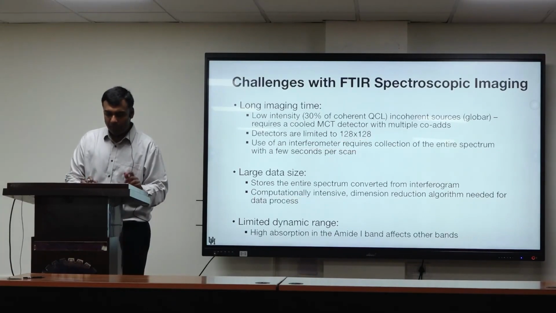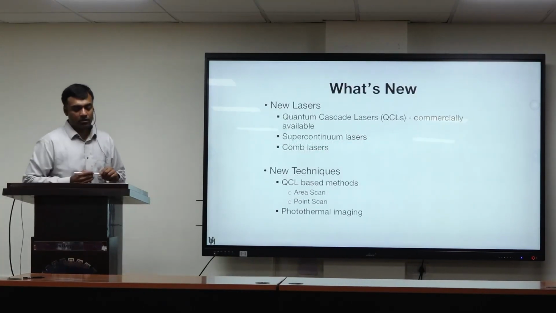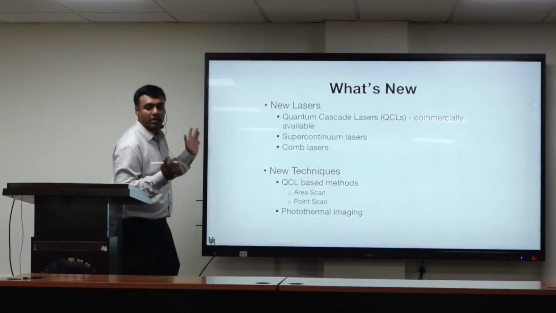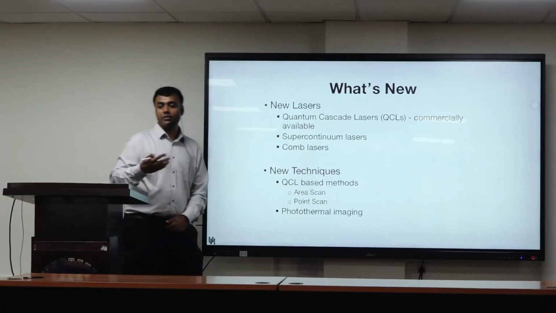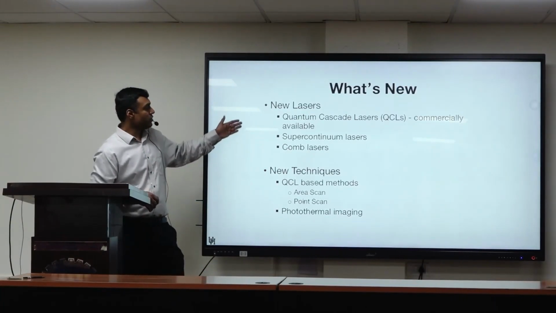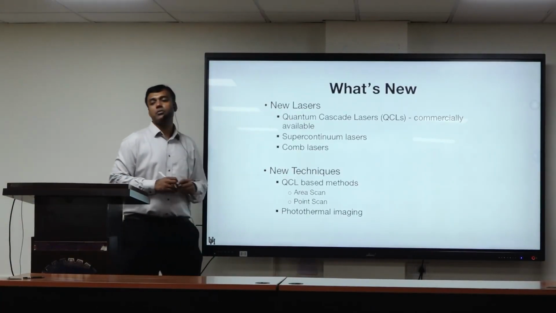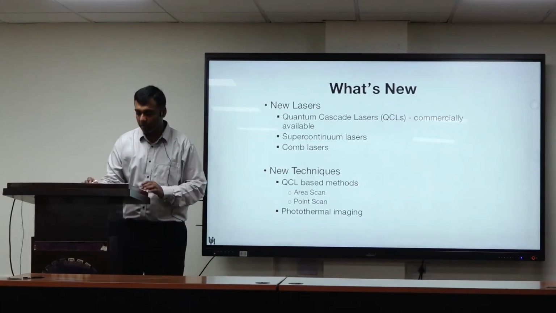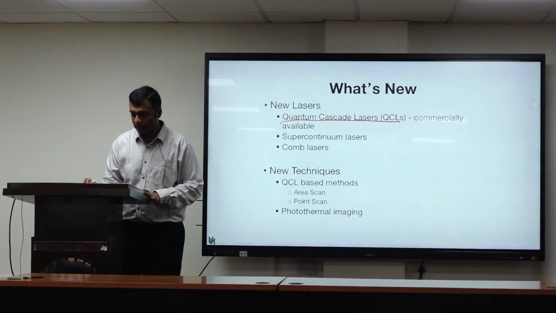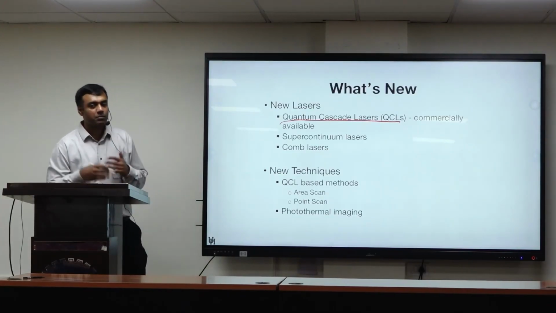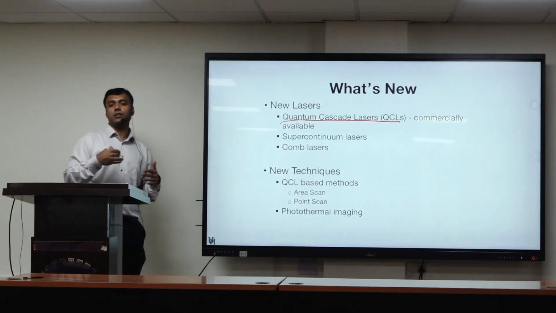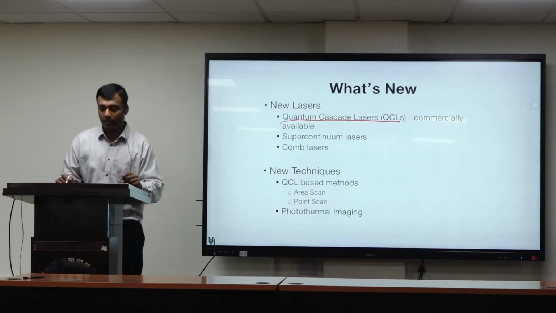So what in terms of technology is new? These are the new things which in just the past 10, 12 years have been revolutionizing the field. You have the availability of new types of lasers. For example, quantum cascade lasers, which are much more powerful in terms of intensity per unit area.